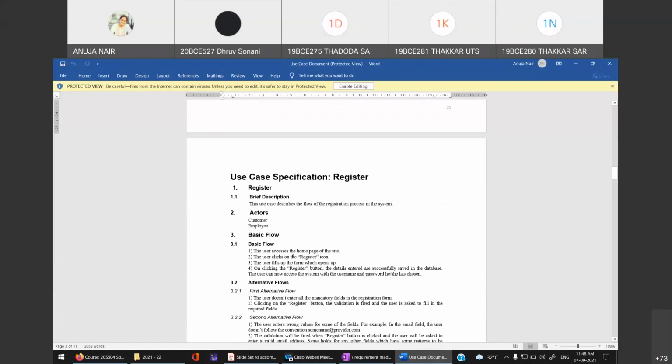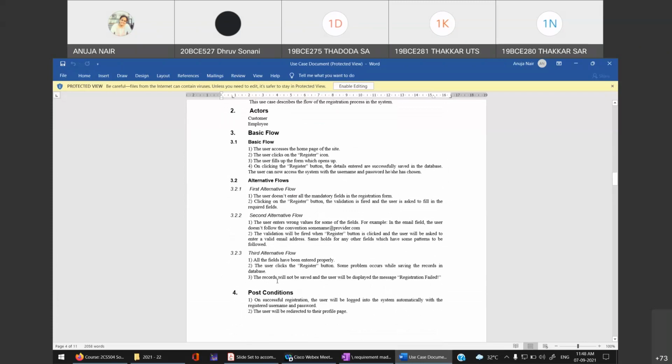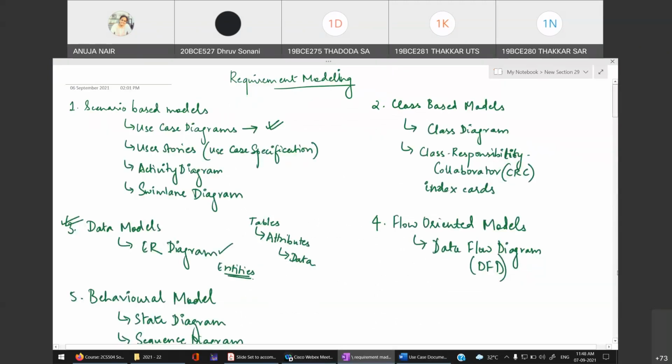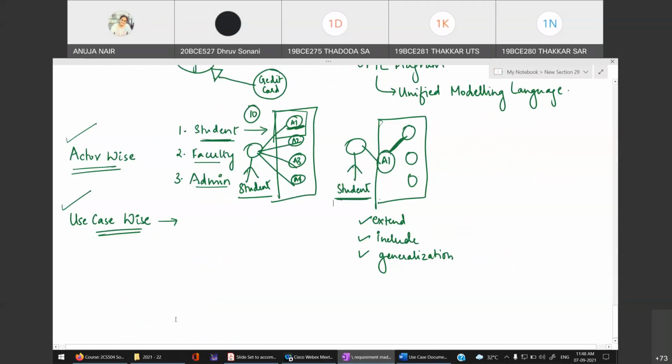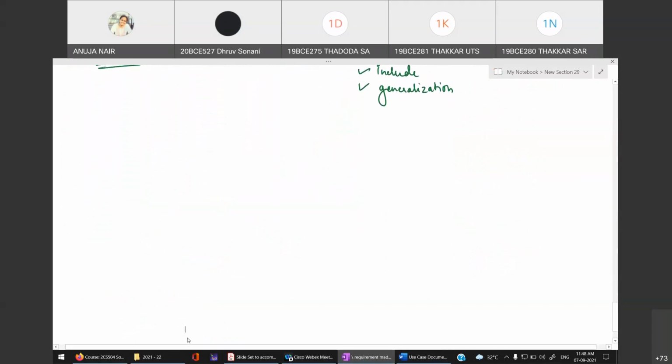This I had discussed with you when I was teaching the requirement engineering chapter, where I showed you the basic flow and alternate flows and postcondition and precondition, right? So when you are writing a use case specification, for every use case that you have created as a part of your use case diagram, first would be the name of the use case.